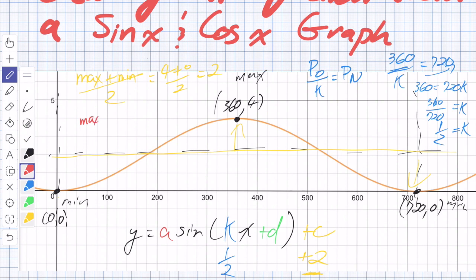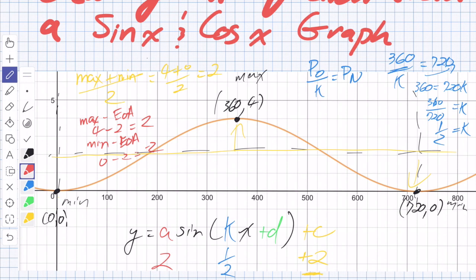So max subtract EOA: 4 subtract 2 is 2, and the min subtract EOA: minimum is 0, subtract 2. Now it's negative 2, but we're talking absolute value. Great. So the amplitude is 2.